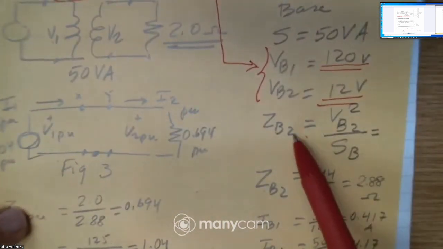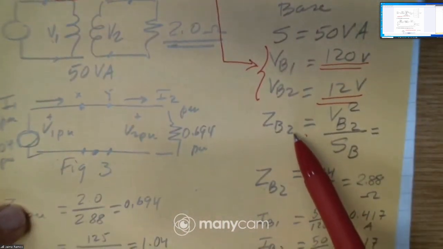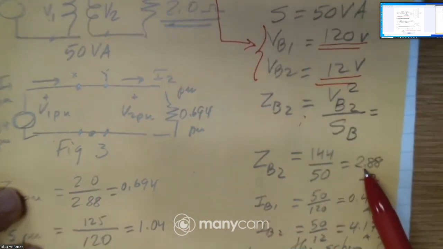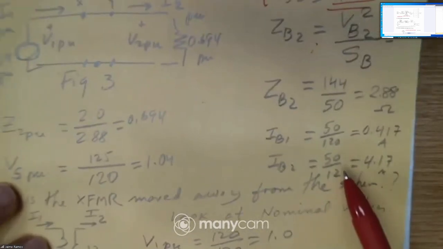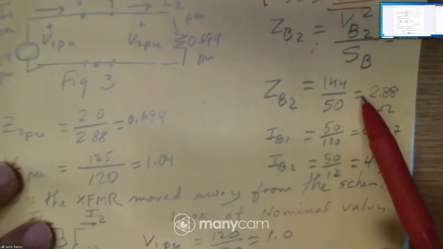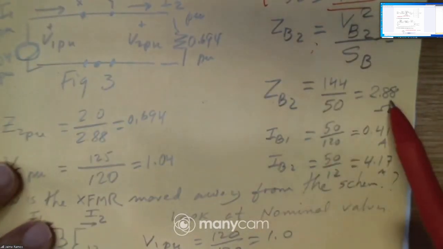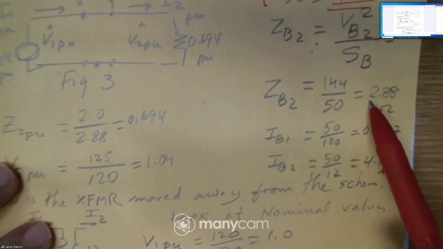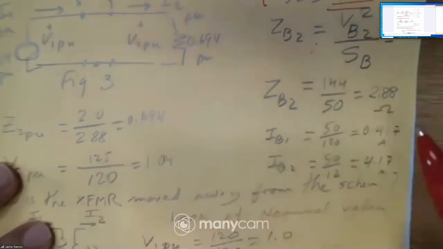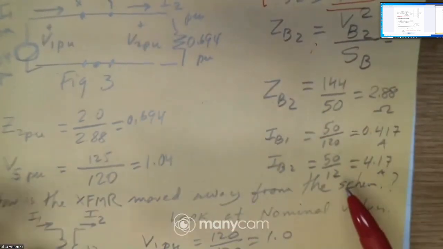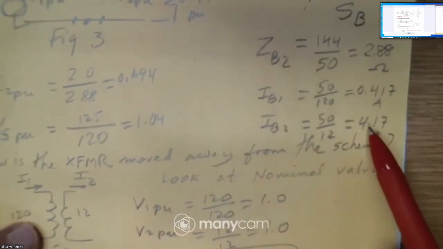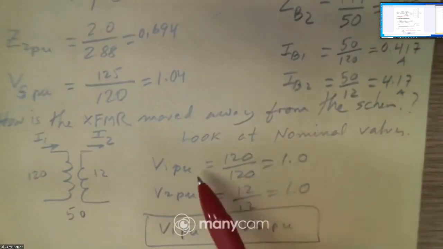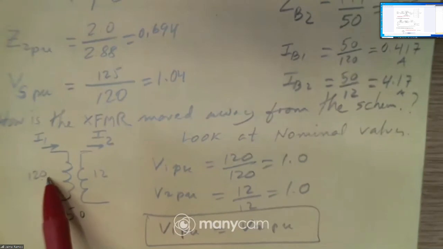Okay, so then secondary base impedance is 2.88 ohms. Primary base impedance is going to be 288 ohms. The turns ratio is 10. Okay, now we have the base. So look, here is our transformer.